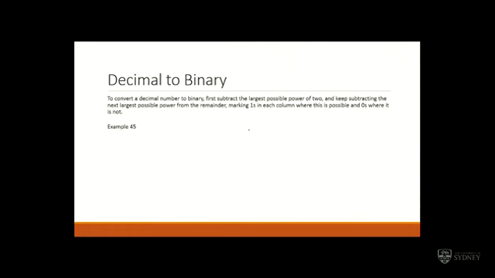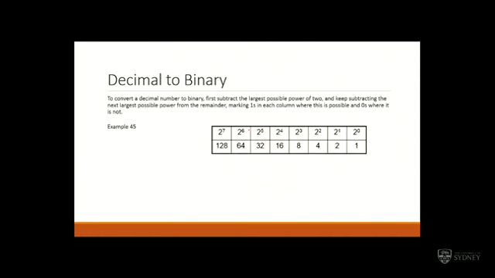So let's show an example of that. Let's convert the number 45. We've got our decimal 45, we want to know what that is in binary. We've got here the powers of 2 from right to left, 2 to the 0, 1, 2, 3, so 1, 2, 4 through to 128. We've just got the first 8 powers of 2.